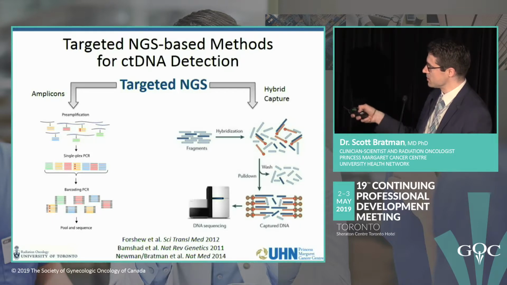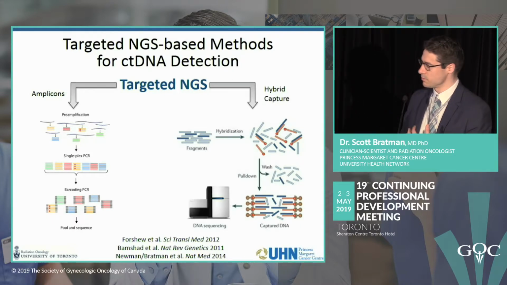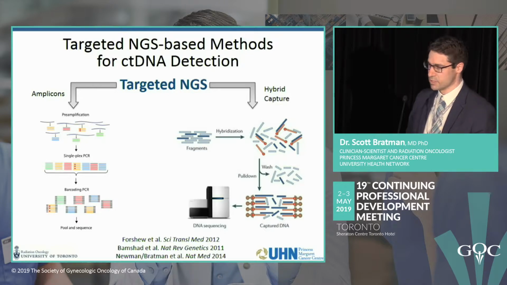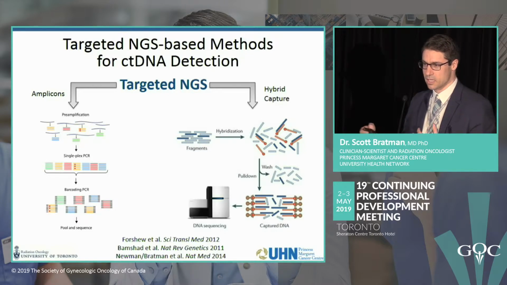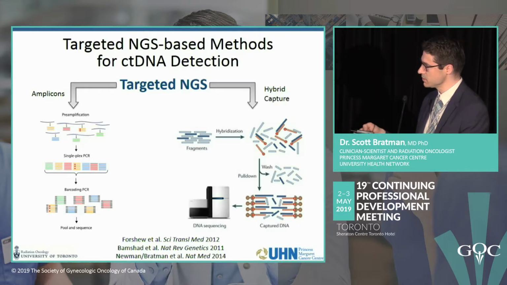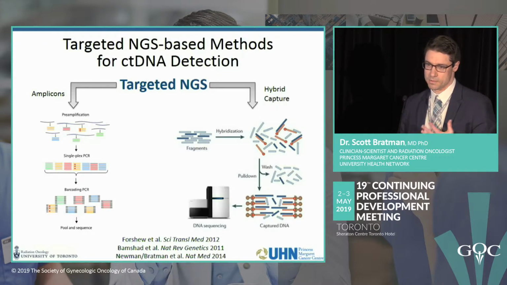This is akin to what many of you may be familiar with, hybrid capture sequencing for whole exome sequencing, for example, whereas amplicon sequencing is generally for much smaller targets, like maybe 1 to 10 genes, for example.